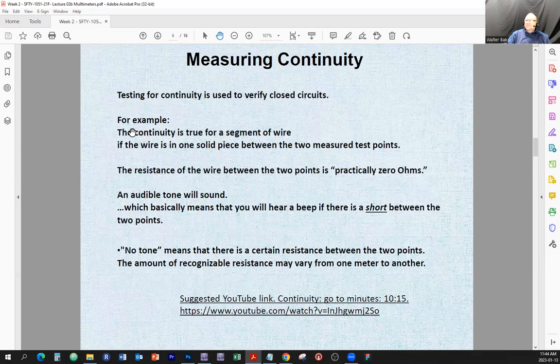Well, the continuity is true for a segment of wire if the wire is in one solid piece between the two measured points. You know what? I'm just going to let you read this slide here because I think I already talked enough in the previous slides about the continuity.